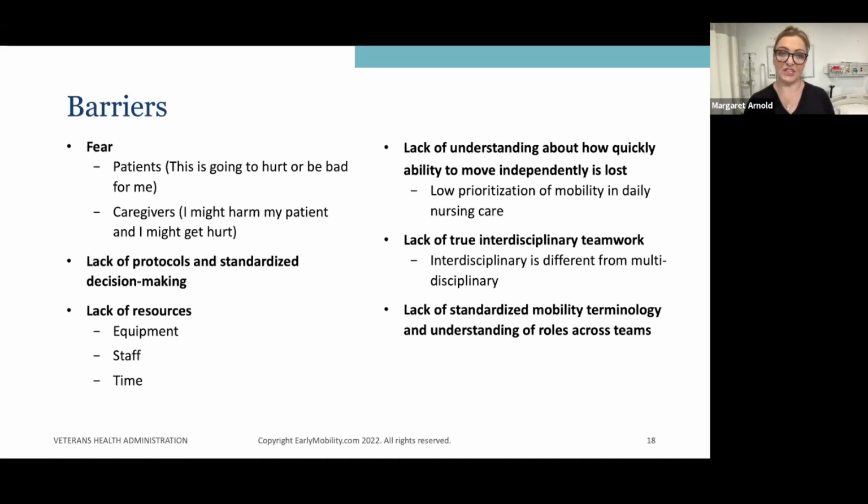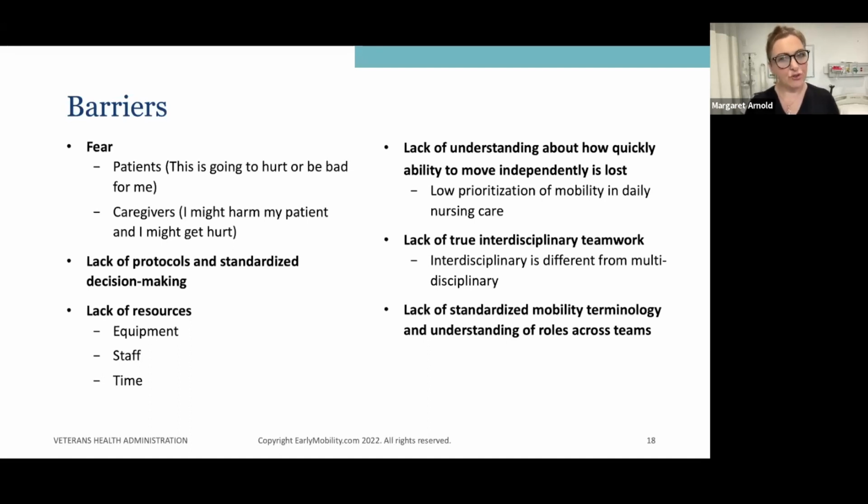Fear. Patients think it's going to hurt or it's going to be bad for them. Caregivers think, I might harm my patient or I might get hurt when I get my patient up. Lack of protocols and standardized decision-making has shown to be a barrier. Lack of resources, equipment, staff, time. Lack of understanding about just how quickly ability to move independently is lost, where mobility is prioritized low throughout the daily care schedule.